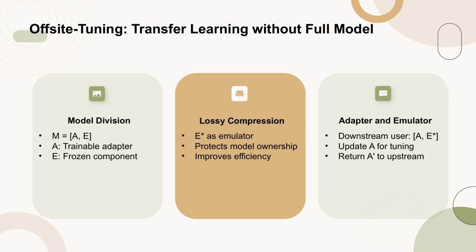Downstream users are provided with the combination of the adapter and the emulator E*, enabling them to perform model tuning by updating A. The updated adapter is then returned to the original model owner, who integrates it into the model to achieve improved performance on downstream datasets. This process ensures that model ownership is preserved and efficiency is enhanced.